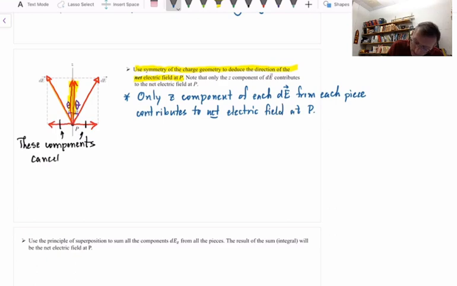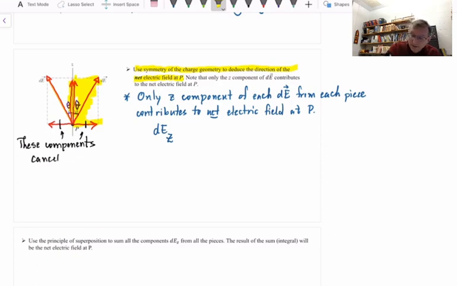So let's write down what that z component would be like. Notice how I'm going to denote it: dEz. Well, just look at the right triangle and remember all you know about vectors and components. I want the z component. I see the angle theta. The hypotenuse is the dE. I need hypotenuse times cosine theta.